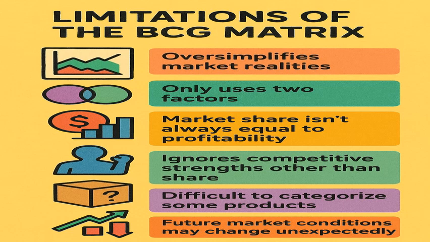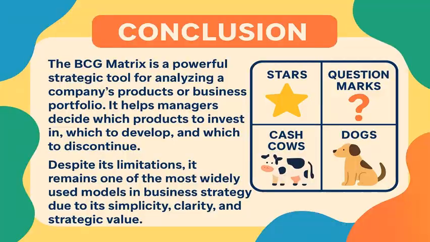But market share is not always equal to profitability, and the BCG matrix ignores competitive strength other than share. The BCG matrix is also difficult to use to categorize some products, and future market conditions may change unexpectedly. So, in this case, the BCG matrix rule is not applicable.